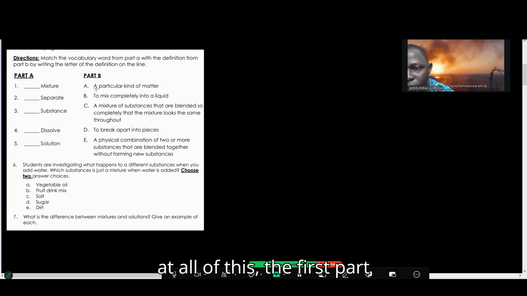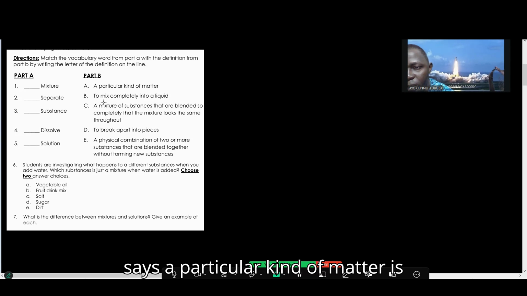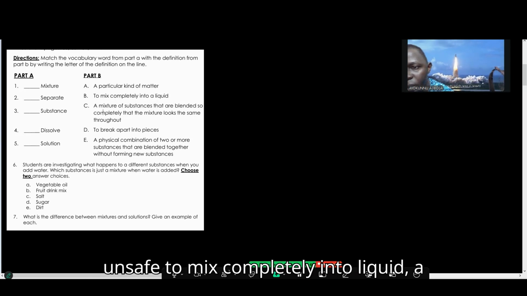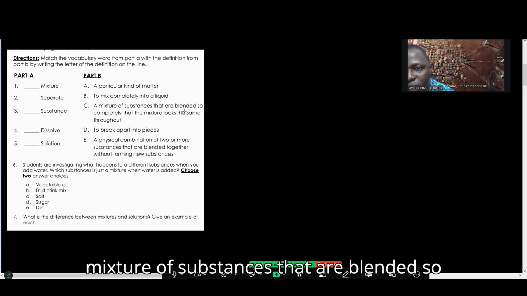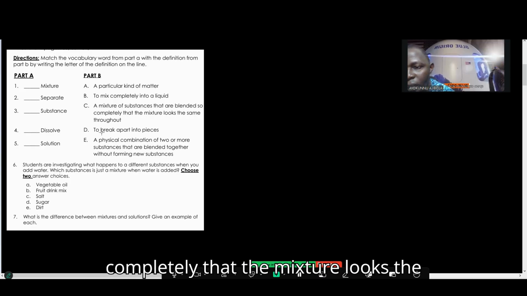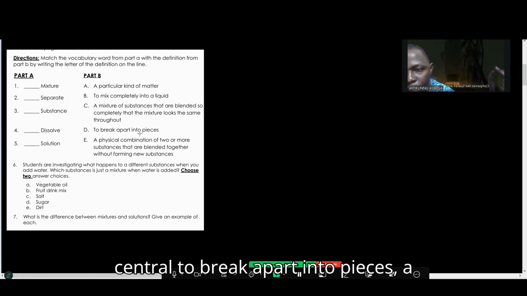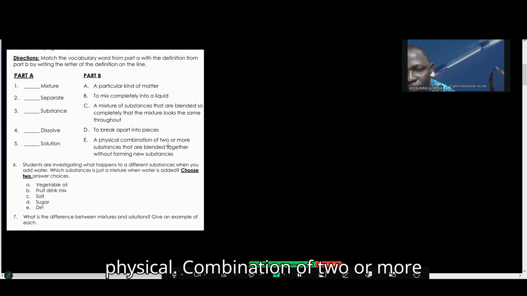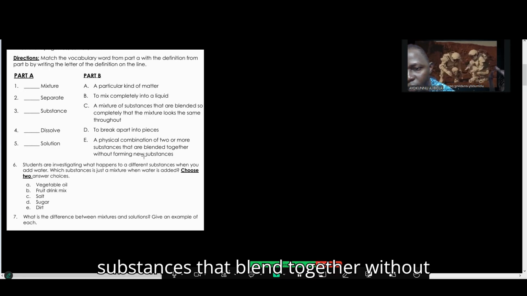If we look at all of this, the first part says a particular kind of matter, to mix completely into liquid, a mixture of substances that are blended so completely that the mixture looks the same throughout, to break apart into pieces, a physical combination of two or more substances that blend together without forming new substance.